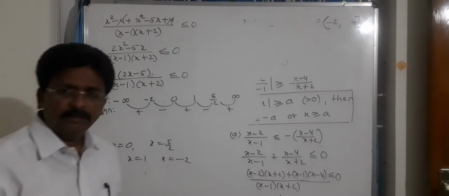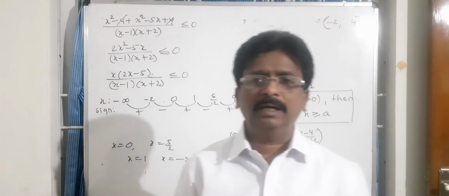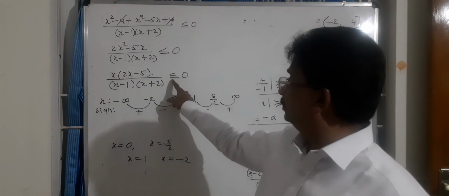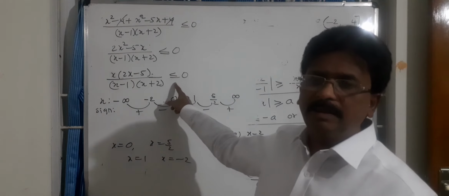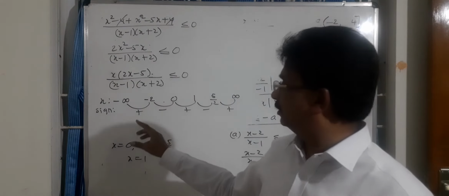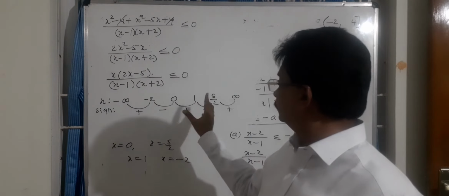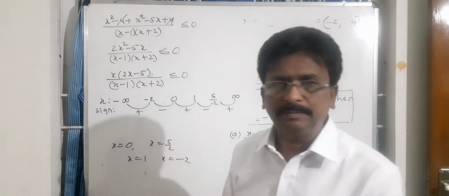Which interval do we have to collect here? The positive sign interval or the negative sign interval? You see here, less than 0. We have to collect the negative intervals. Where? Here, minus 2 to 0 and 1 to 5 by 2. We have to collect them.